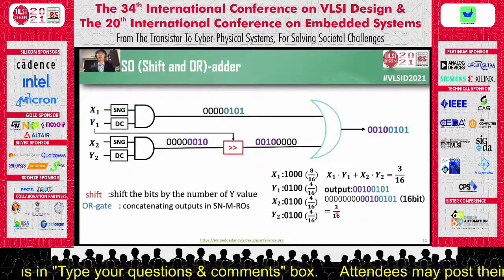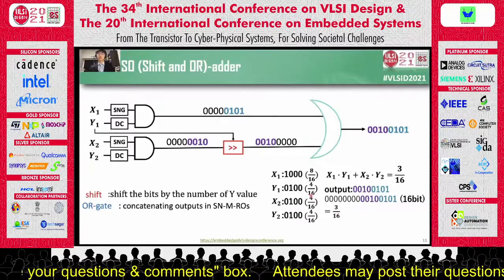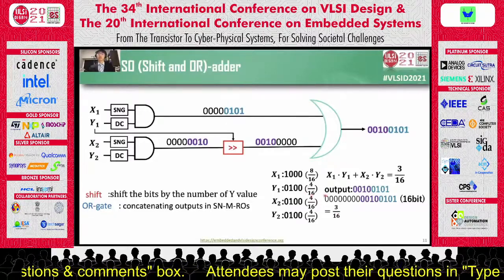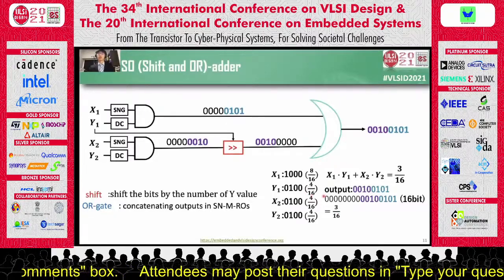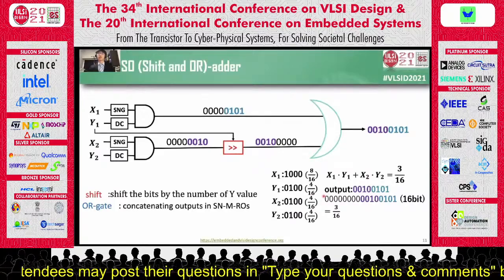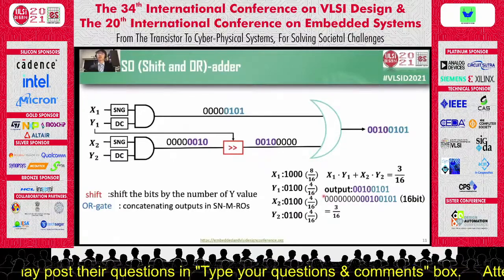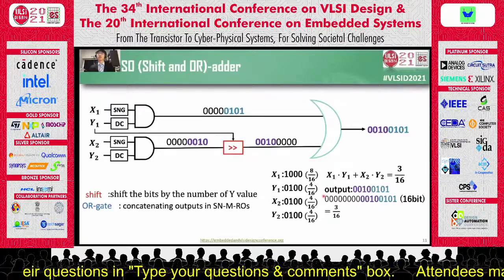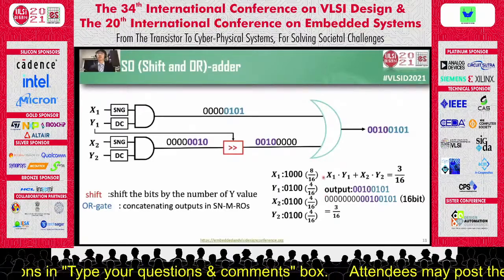The Y1 value of this SN is 4. The required shift amount is 4. This is the output that shifts the SN value by the shifter, and we collect these two SNs with the OR gate.